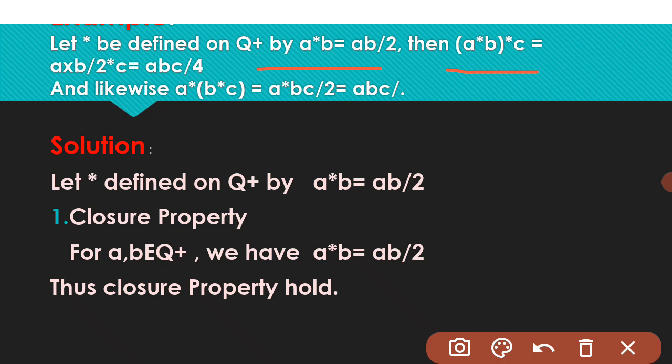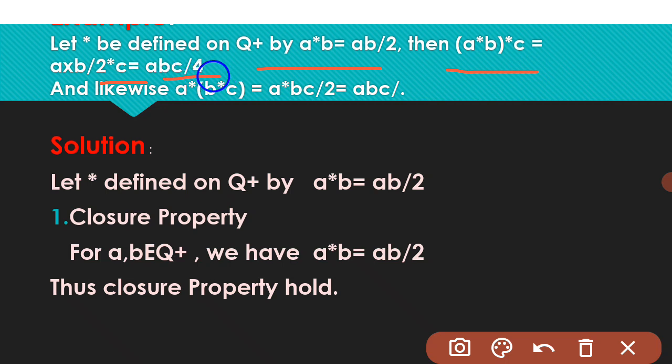as we discussed, a asterisk b is equal to ab by 2. That means a multiplied by b by 2, and asterisk c, the second time this operator is applied, so one more 1 by 2 will multiply with this.